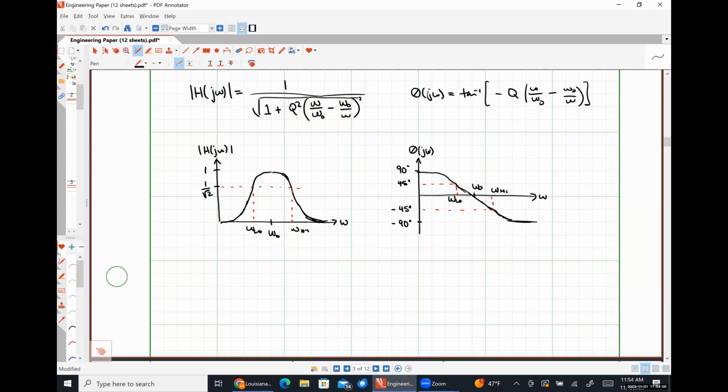So under the constraint that Q times omega over omega naught minus omega naught over omega must equal plus or minus 1, I'm going to wind up getting 4 solutions that satisfy this.